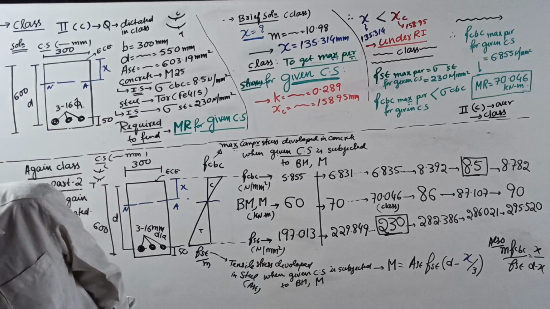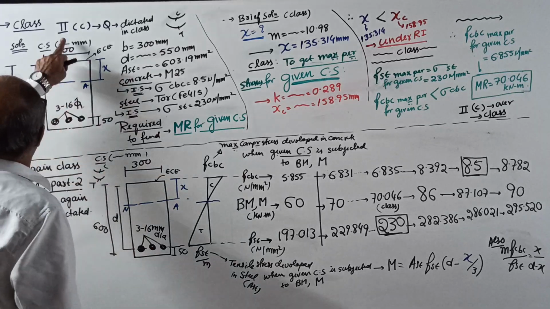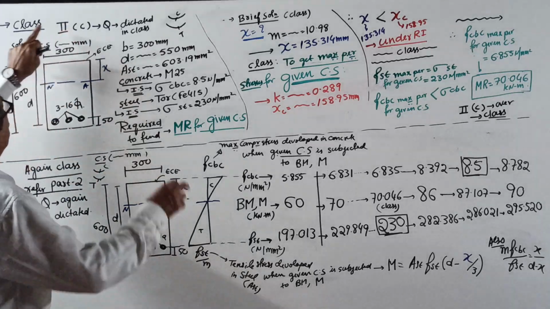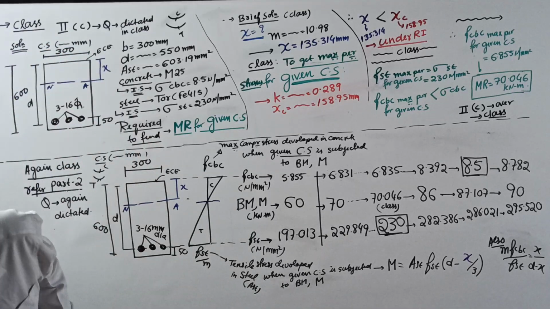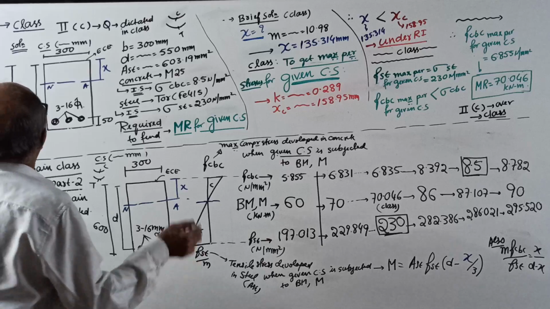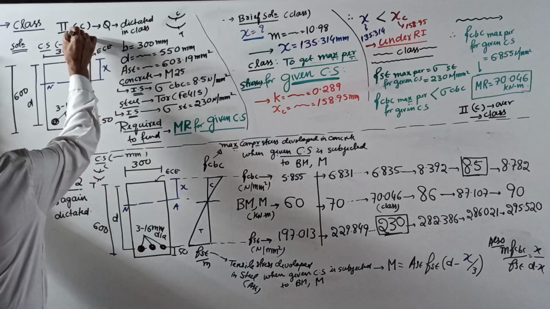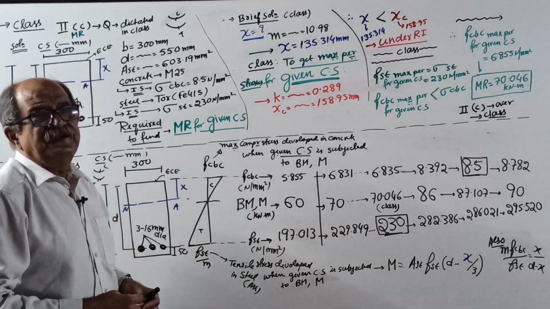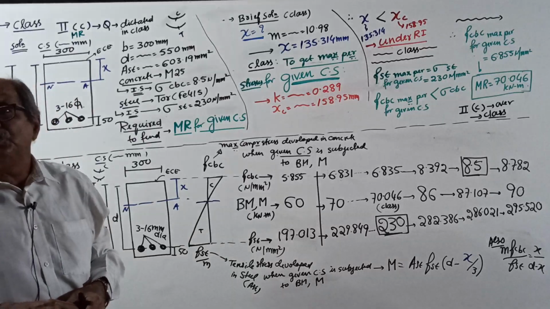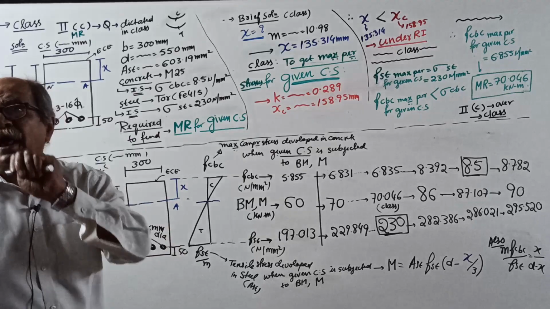Now, today's class, see, Roman 2C. By seeing Roman 2C, you should tell this question is for finding what? Roman 2 is there, so this question is to find MR. Already over, one under reinforced, one over reinforced. Why extra? Yes, 2 more extra.